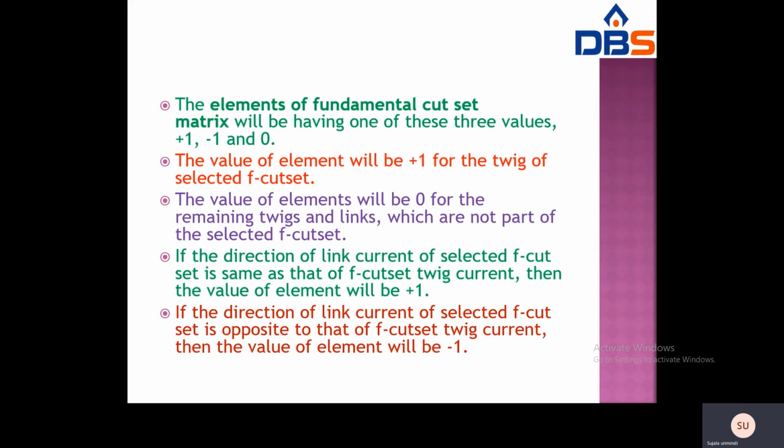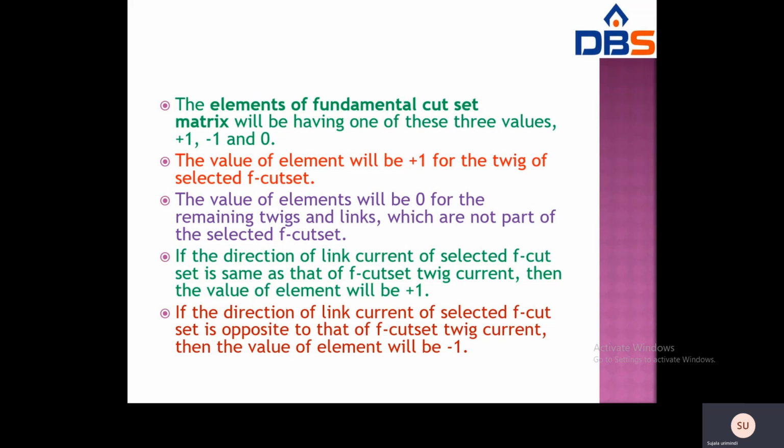Here, in the fundamental cut set matrix, the value of the twig or tree branch is +1. The value of the elements will be 0 for the remaining twigs and links which are not part of the selected cut set. If it is not related to that part, then put it as 0.